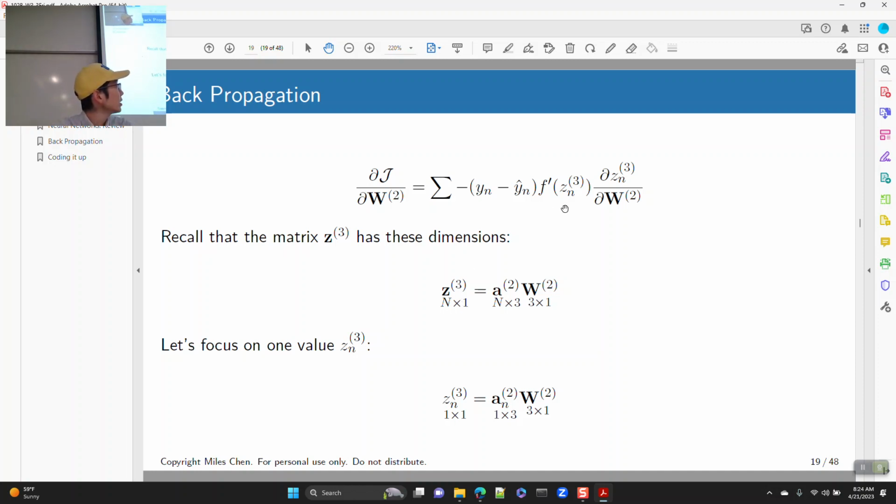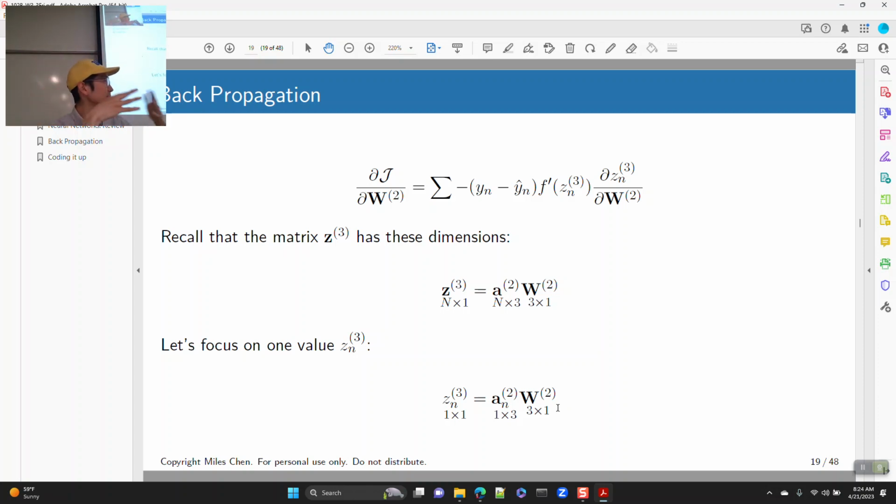And right now we're just dealing with the nth observation. So just looking at that one observation, we're going to have one row in our A matrix, right? So A sub n is one row in our A matrix. We've got just three values, and our W2 matrix is still three values.